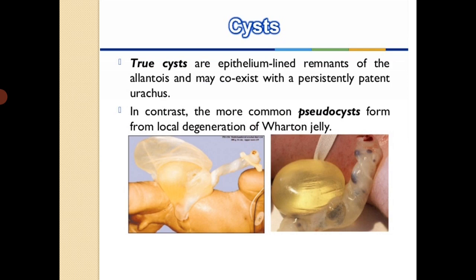The cyst may be true or pseudo. True means made up from the epithelium lining of the cord, and pseudocyst may form from the local degeneration of the Wharton's jelly.